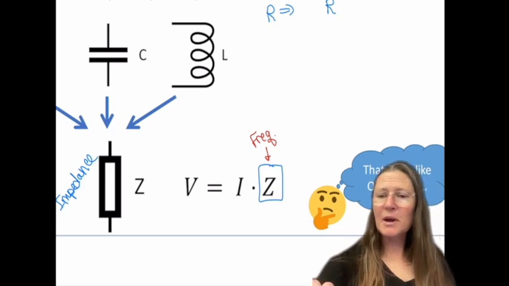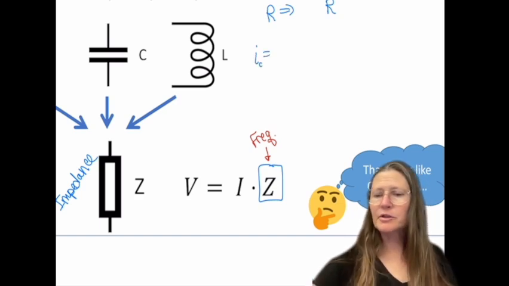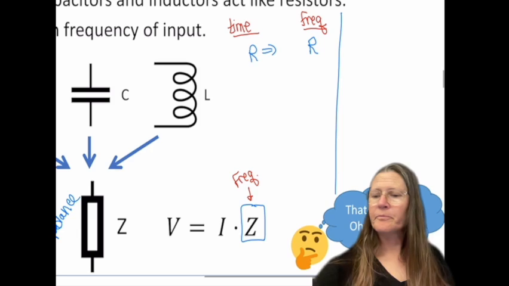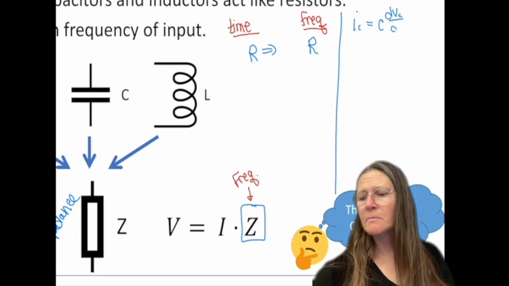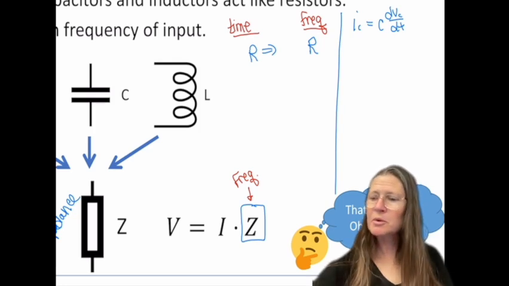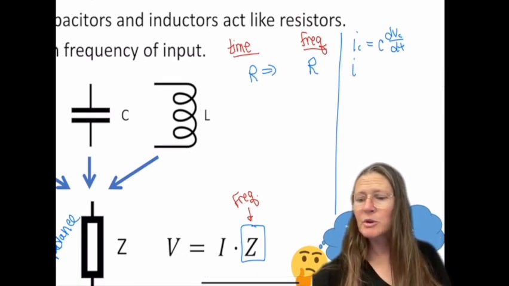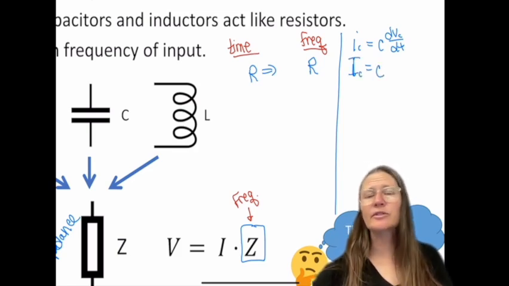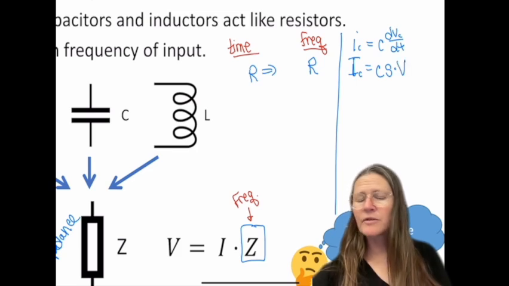We know for a capacitor that the current through the capacitor is equal to C dVc/dt. And remember, we said that you can just take the derivative, so when we transform this, I becomes a phasor, C is a constant so it just stays there, and this becomes s times the phasor of Vc.